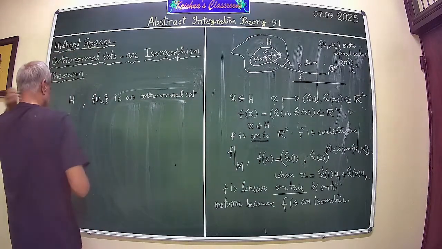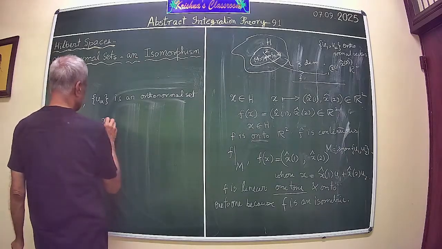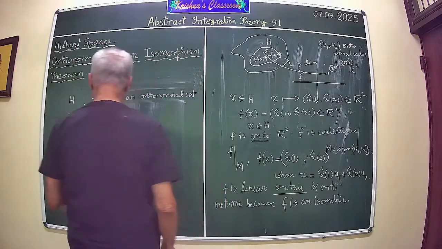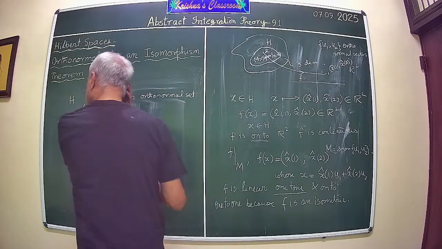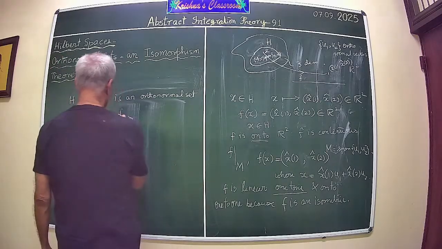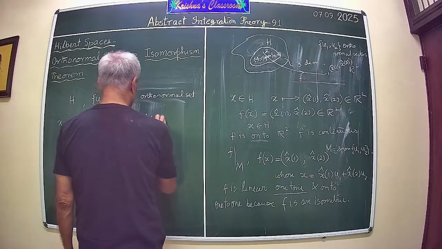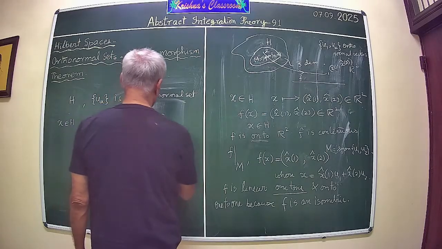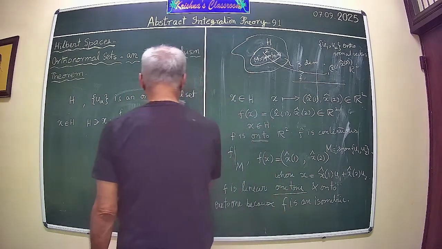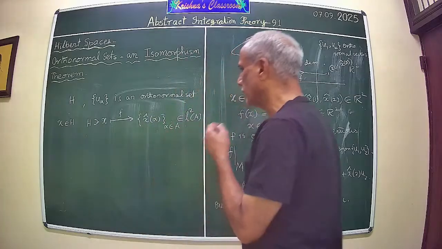Then you take X belonging to H. Now X you can put in correspondence with the sequence of inner products of X with U alpha, alpha belonging to A. This is an element of L2.